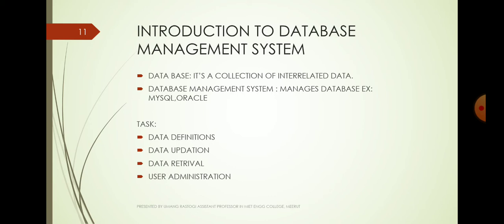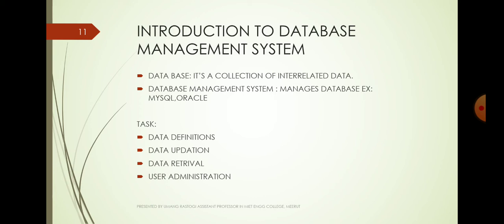If you have some data, that data will be secure for you. If you have authorized access, you can use it. Those persons who don't have authorized access cannot use your data. This is called user administration. So these are the tasks of the database management system.